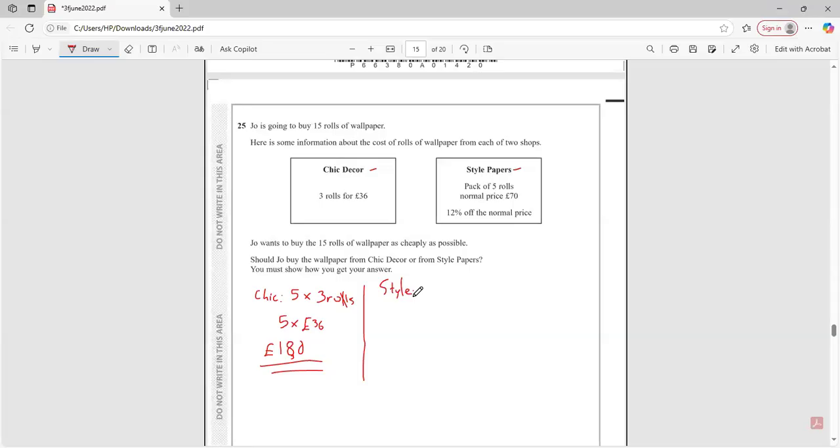But the normal price, if it's not up to 5 rolls, is 70 pounds. So let's see 12% of the normal price. So in this case, it's 3 times 5 rolls.